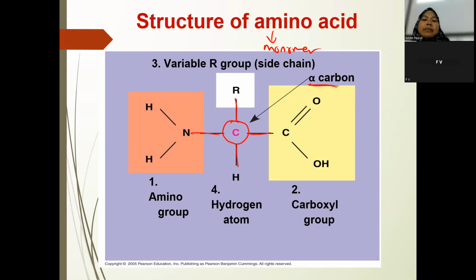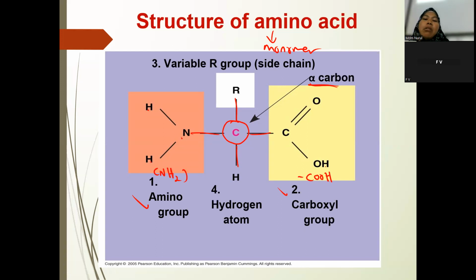The first one. Yang sebelah kiri. Right. Is amino group. NH2. So, that is amino group. Okay. Number 2. Sebelah kanan. That is carboxyl group. C double bond O, OH ataupun COOH.